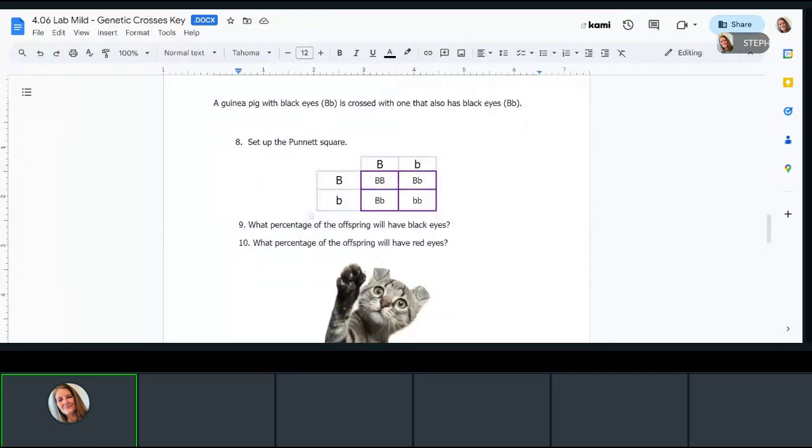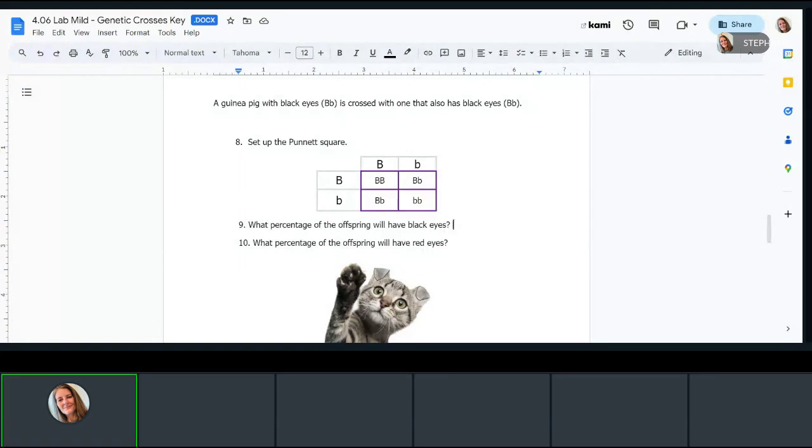All right, so what percentage now of the offspring will have black eyes? Remember, black eyes is the dominant one. So this one has black eyes, this one has black eyes, and this one has black eyes. So 3 out of the 4 will have black eyes. So what percentage of that is? If you think of it in quarters, if you had 4 quarters here, that would be 100%.